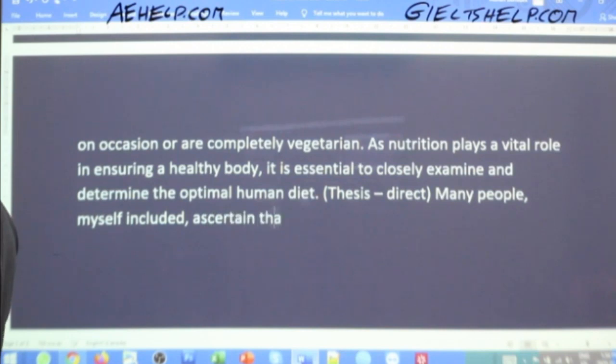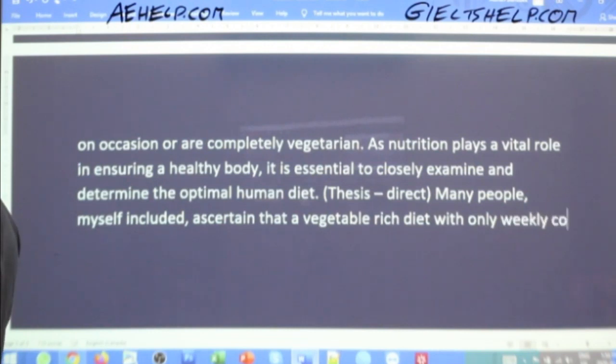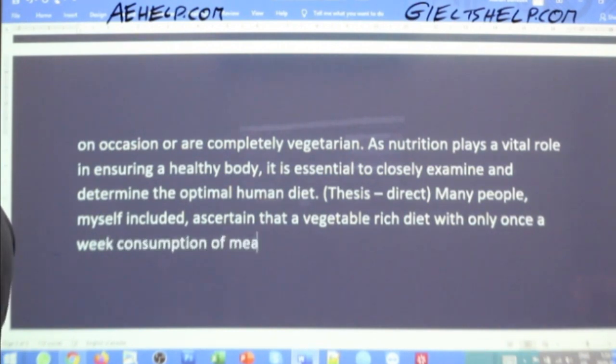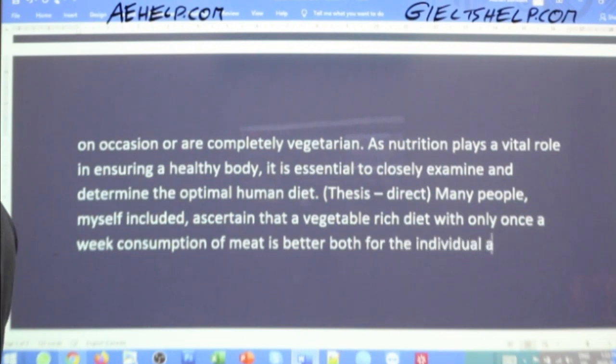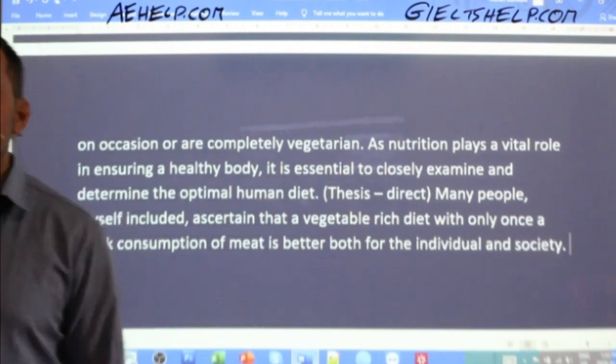ascertain that a vegetable rich diet with only once a week consumption of meat is better both for the individual and society. Okay, how about that for a thesis statement?